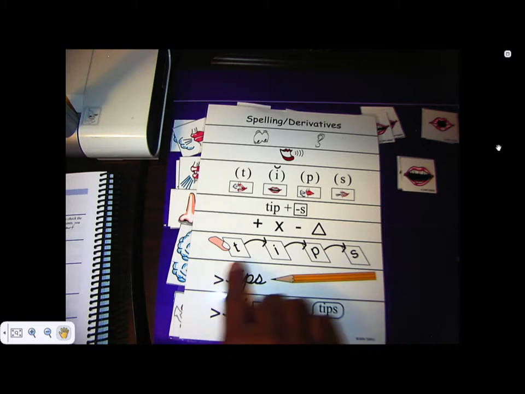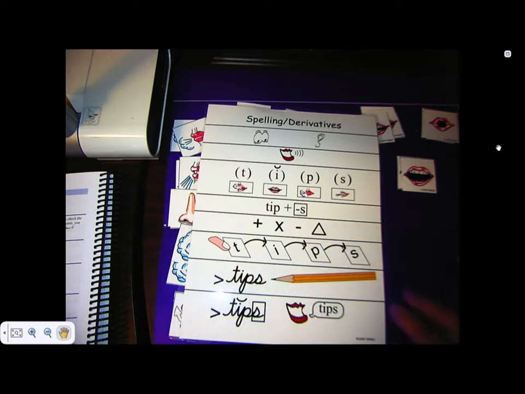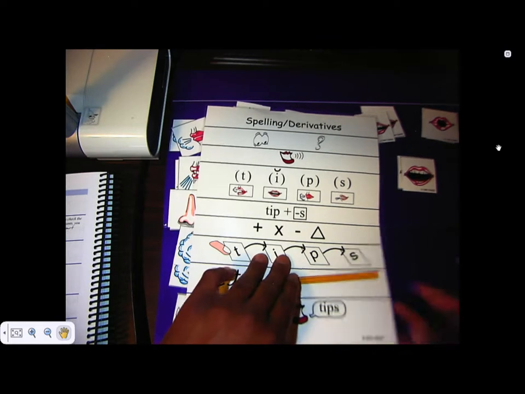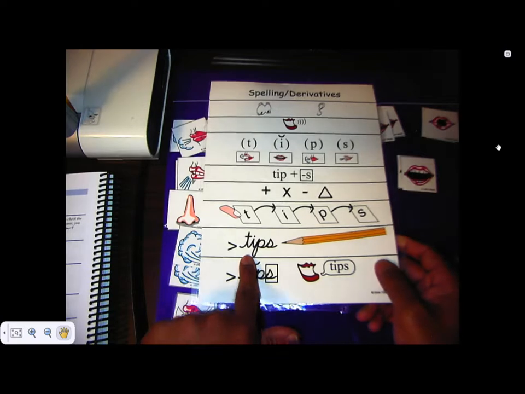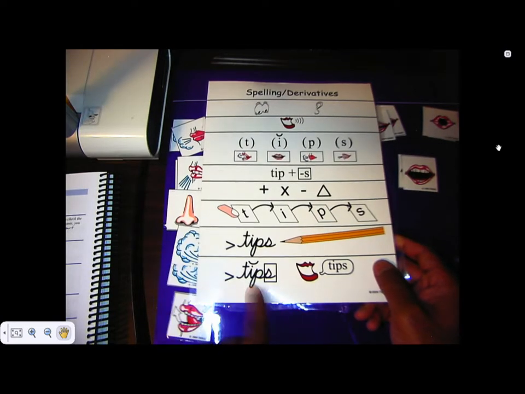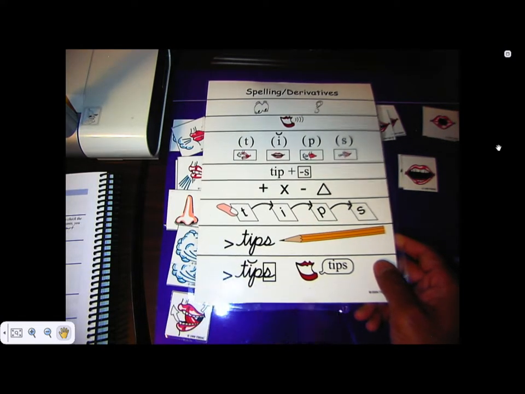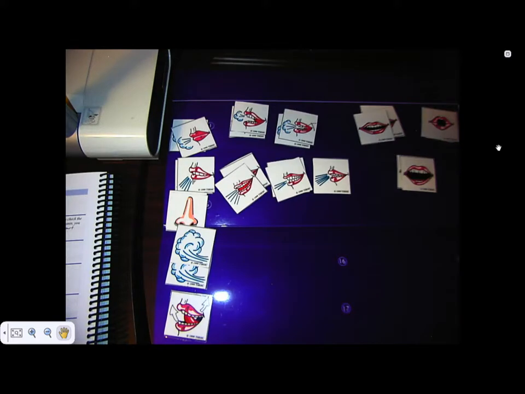And we will touch and spell. Then you're going to name and write. That means you're going to tell me what you're going to write, and you're actually going to write it. Okay? And after that, once you've written the words, we will then code it and read it to make sure we did the right things.